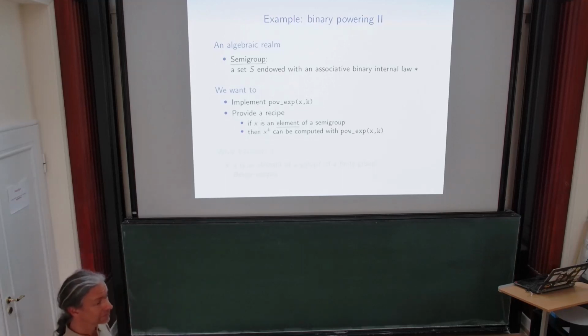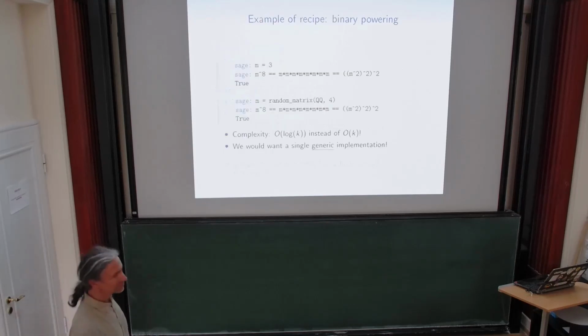Yes? So if you're doing this algebraically on the previous example, you would hope to be able to do that even if you didn't have n, right? You don't want to just do it for 3, you want to do it for m. Yes, of course. So do you need to provide m, or what happens if you don't? Ideally you'd be able to say that second line, m to the 8 equals m times n, that those are true without even knowing n.